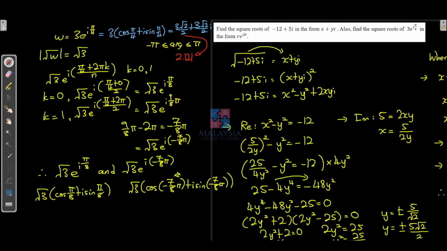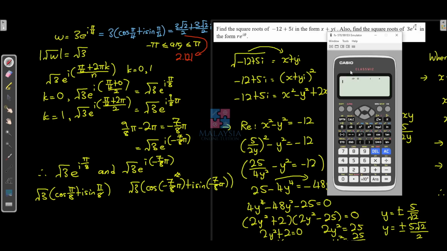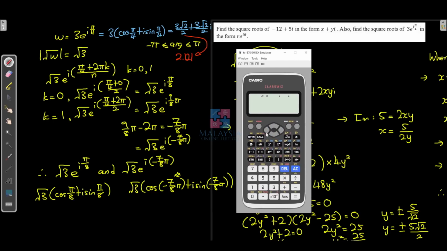Okay, let's check. If you want to make it simpler, you can store pi over 8 inside A, and negative 7 over 8 pi inside B, for example.